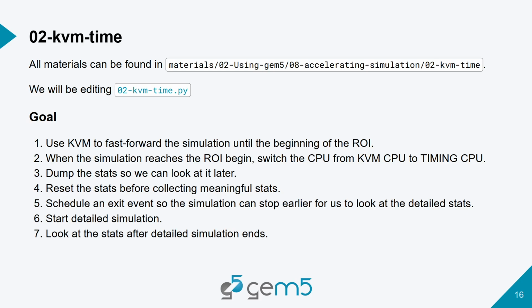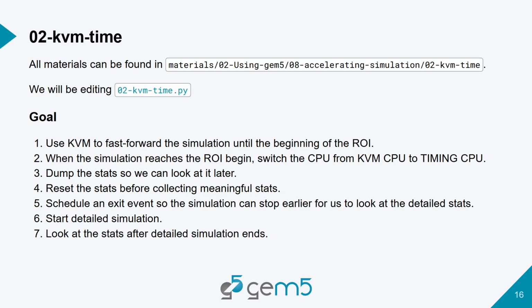Then when the simulation reaches the ROI begin, we want to switch our CPU from the KVM CPU to a timing CPU. Then we dump the stats so we can look at them later, and reset the stats before collecting meaningful stats. And after that, we schedule an exit event so the simulation can stop earlier for us to look at the detailed stats.